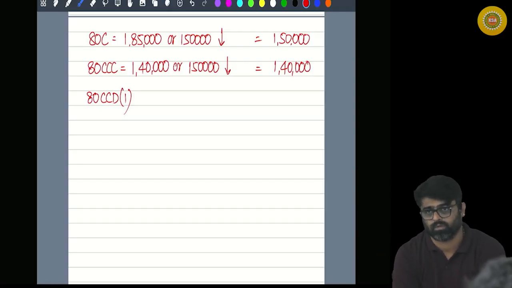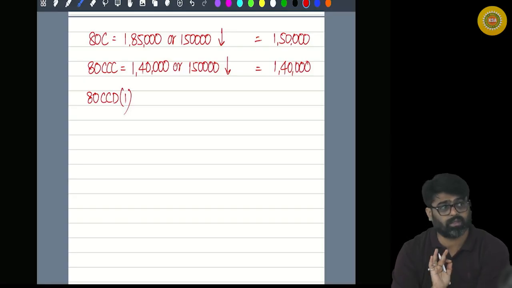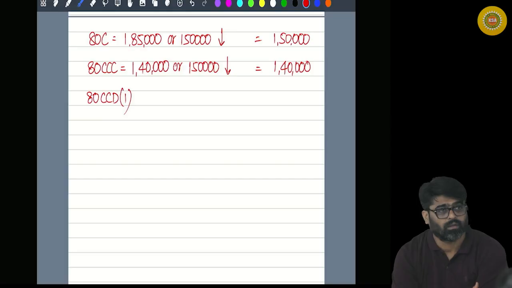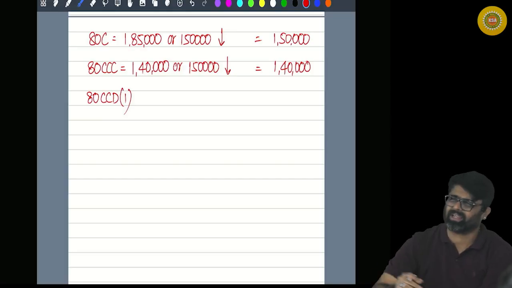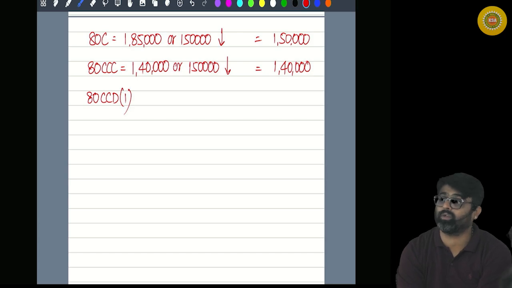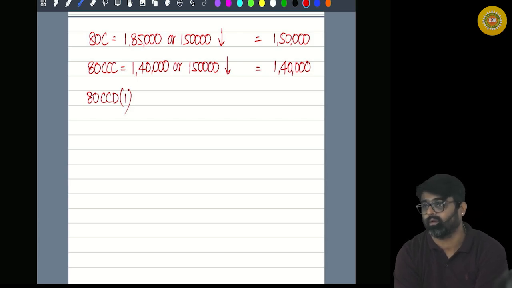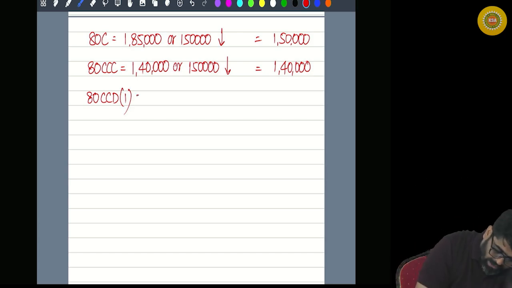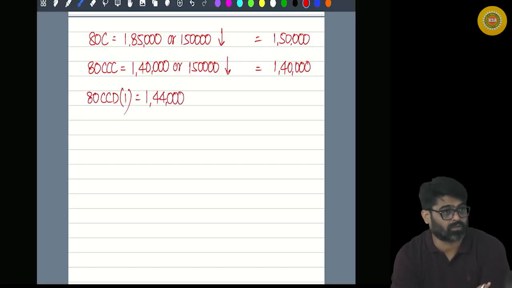How much you are contributing? 10,000 per month into 12, 1,20,000. Now let's take, we are contributing 12,000. 12,000 into 12 will be 1,44,000. So can I say 1,44,000 I am contributing to my own NPS account.